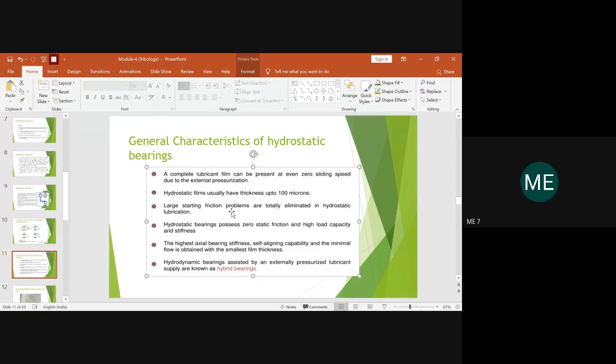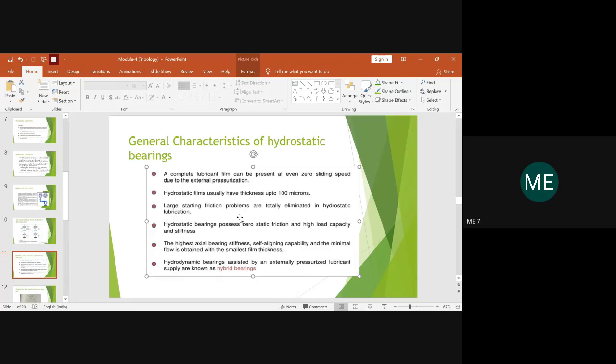And the last one you have to understand is that hydrostatic bearings are always associated with externally pressurized lubricant supply. You cannot rely on an inbuilt developed pressurization media here. Since we rely on a pressurized lubricant, we also sometimes call these bearings hybrid bearings.